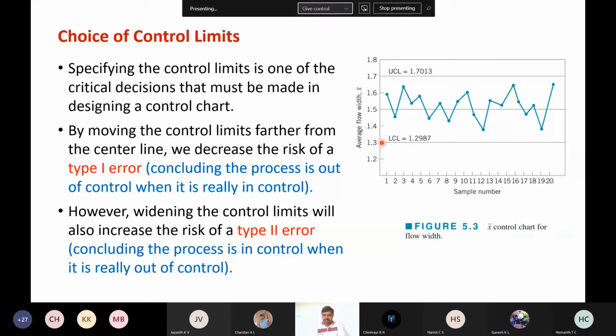Instead of fixing the limits at these values, if you go for 1.8 and 1.2, you may not get any values outside the control limits, but that doesn't mean the process is in control, because unnecessarily you have widened the control limits. Because of that, even though the process is out of control, you are getting the points inside the control limits. So it should not be narrow and it should not be too wide. Both have their own advantages and disadvantages.